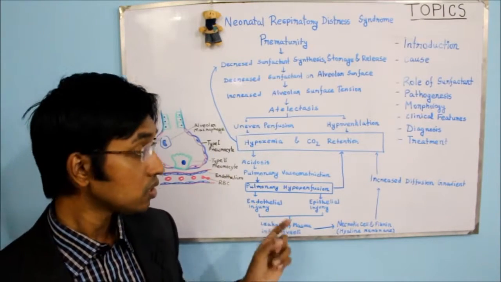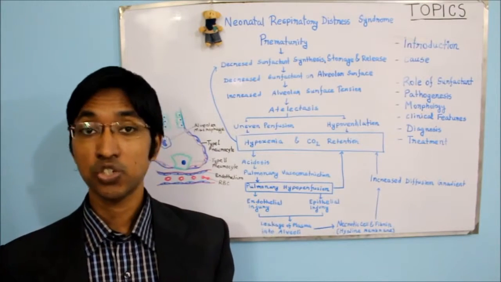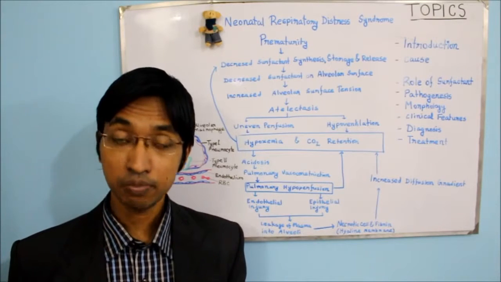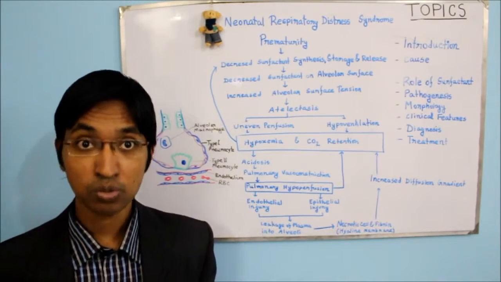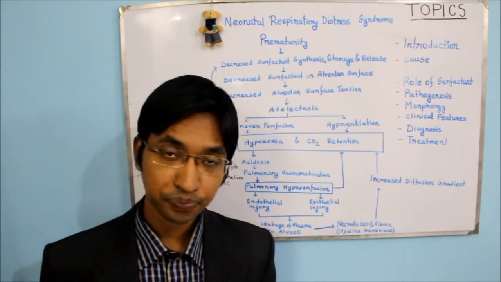Recall that in this disease the baby requires high inspiratory pressure not only for the very first breathing but also for every subsequent breathing. So that's why there will also be nasal flaring.